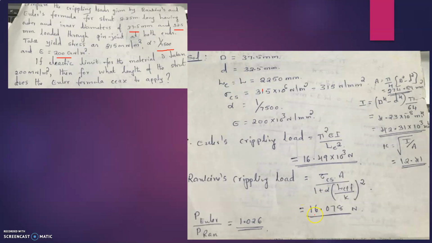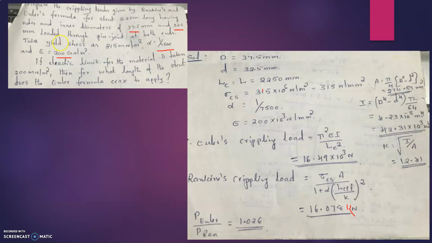Simplify this, you get 16.078 into 10 raised to 3 Newton, that is 16.08 kilonewton.